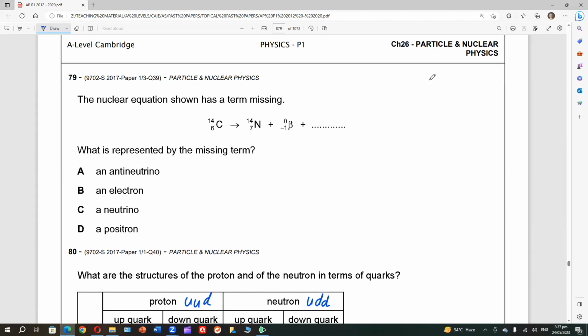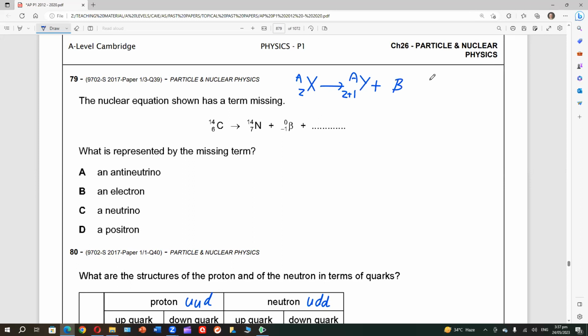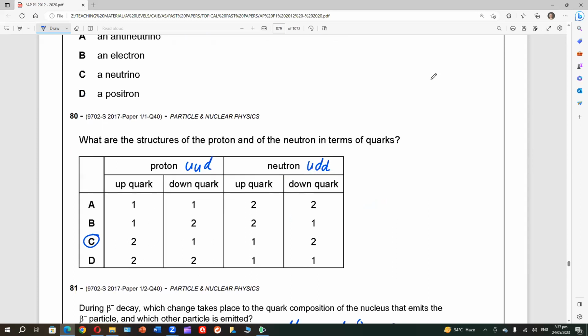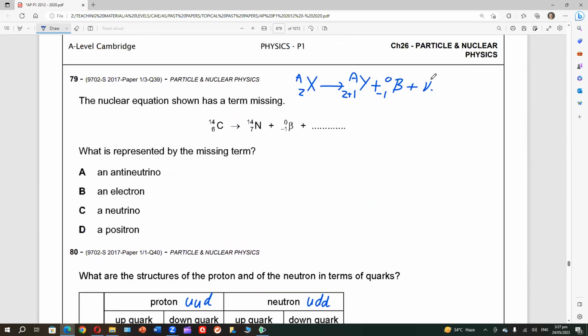It looks to be a beta minus decay. Anti-neutrino.